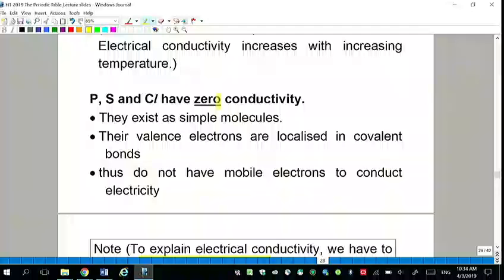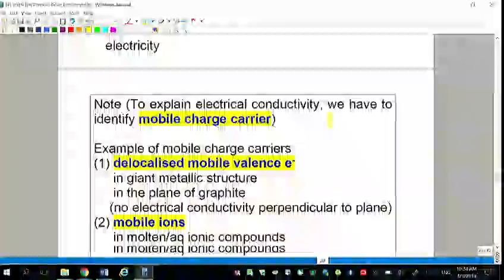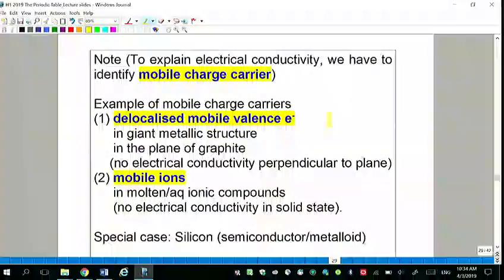Generally, simple molecular structures will have 0 conductivity because their valence electrons are localized in a covalent bond. So they do not have mobile electrons or mobile ions to act as mobile charge carriers. Generally, to explain conductivity, you need to first identify the mobile charge carrier.